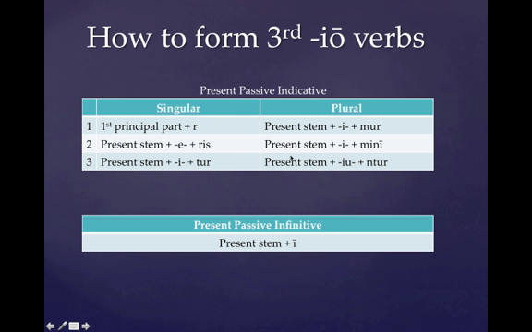So right here in the passive, actually, you can see how third IO verbs are sort of a blend of what a regular third conjugation verb would look like with the second person singular, and what a fourth conjugation verb would look like. The present passive infinitive forms the same way as all third conjugation verbs, meaning that it's the present stem plus I, or the second principal part without the ERE, but plus an I.